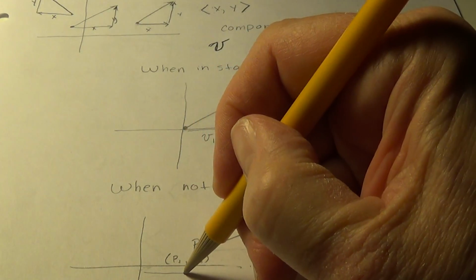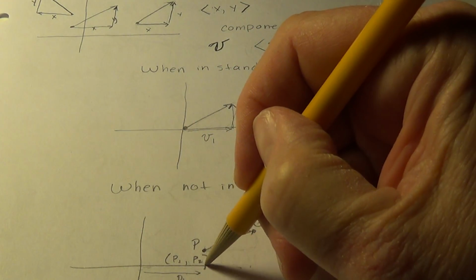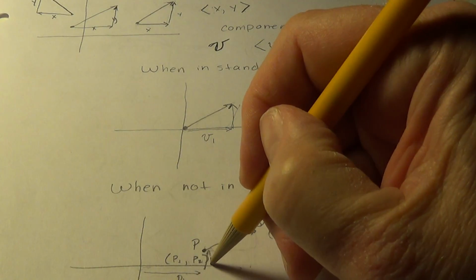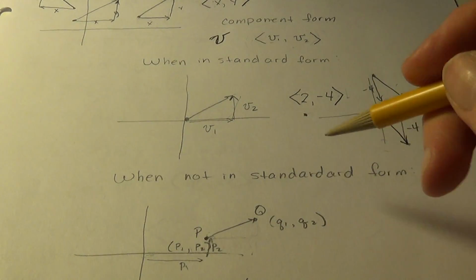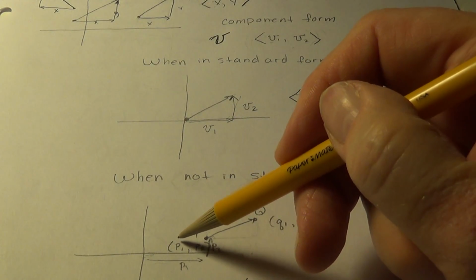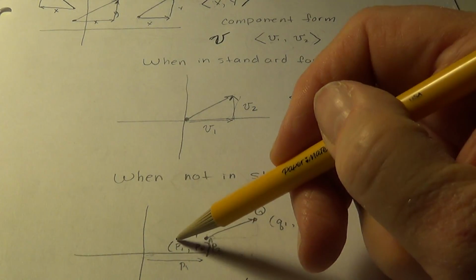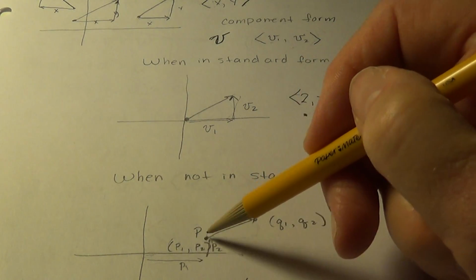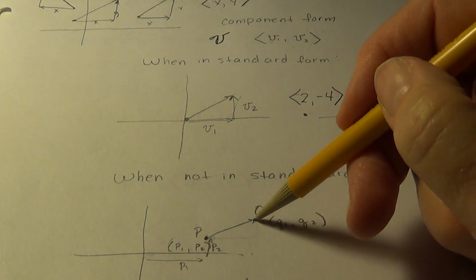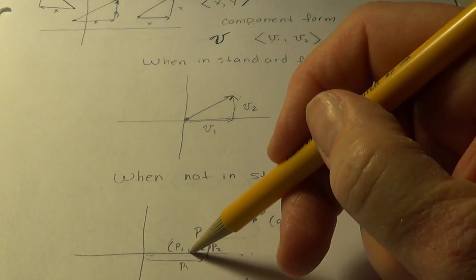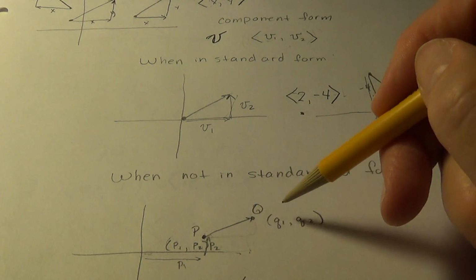So if I go over P1 and up P2, I can get to this point. So over P1, up P2, and that is indicated by the name on the coordinate plane, P1, comma P2. This is not component form, this is parentheses, it's just the name of that point. This point is Q1, so I went over Q1 and up Q2 to get to this point.